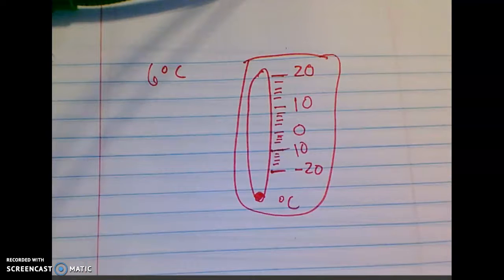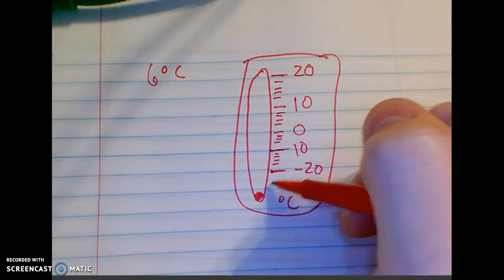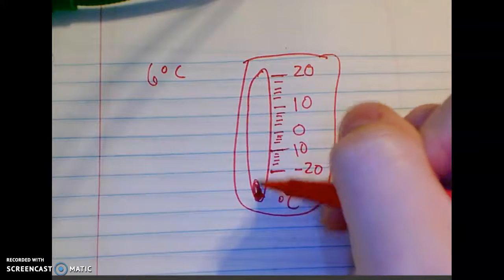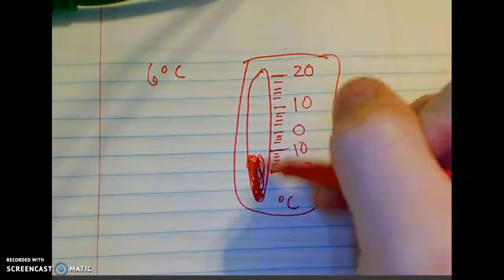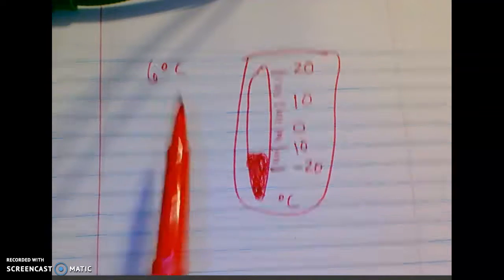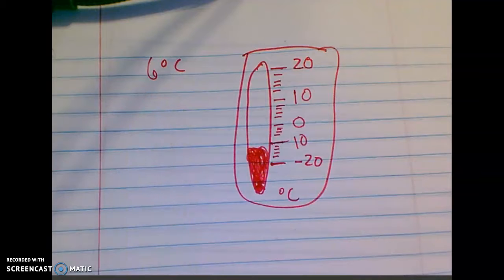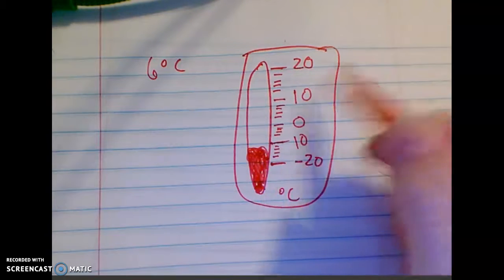Alright, so let's look at an example with my amazingly drawn thermometer here. Let me finish coloring in how far I need it to be. In my example here, the high temperature for the day, let's say it was 6 degrees Celsius. And my awesome thermometer over here shows the low temperature during the night.